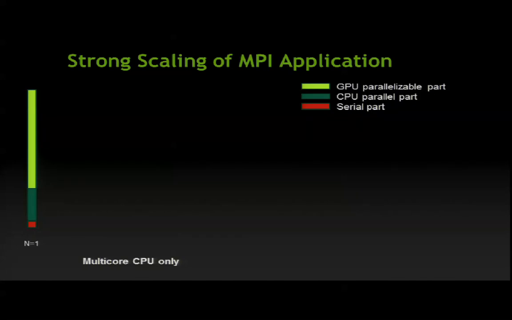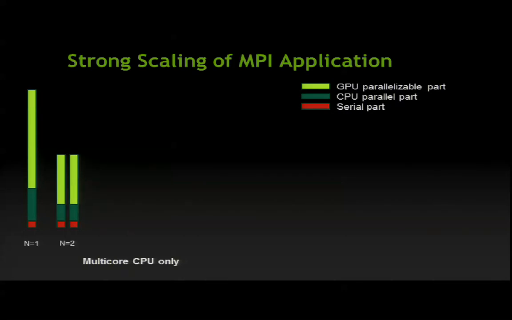So if we have a multi-core CPU system, and we have this amount of time on a single core, the light green part is the part of the application that could potentially benefit from the GPU. And then we have the part that is CPU parallelizable, but doesn't run on the GPU. And then we just have some serial part that simply cannot be scaled.